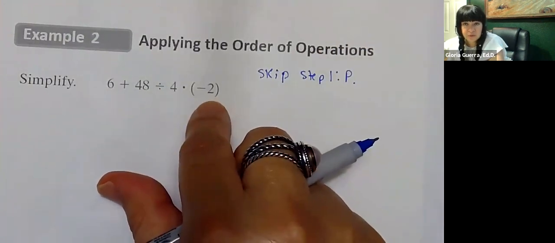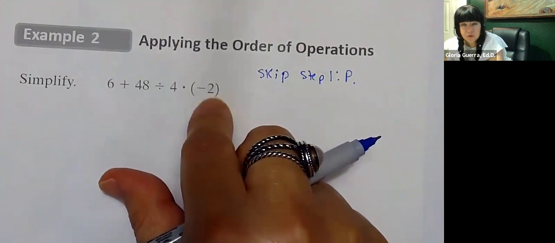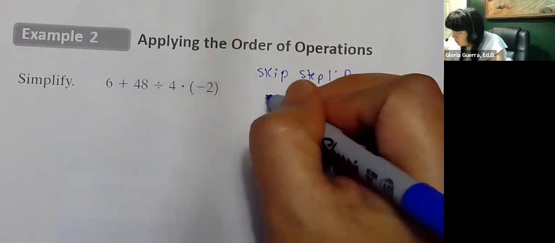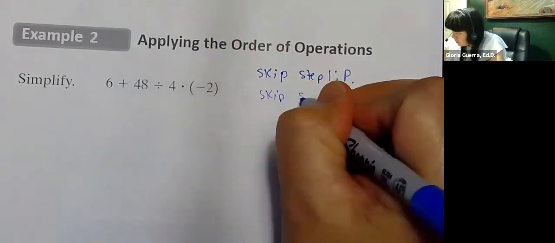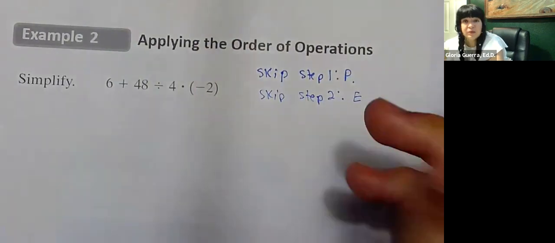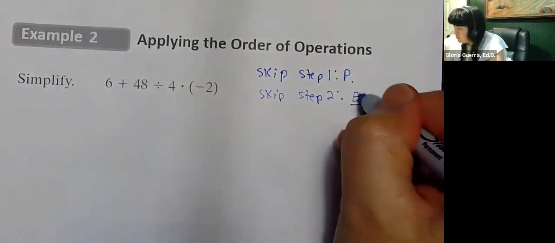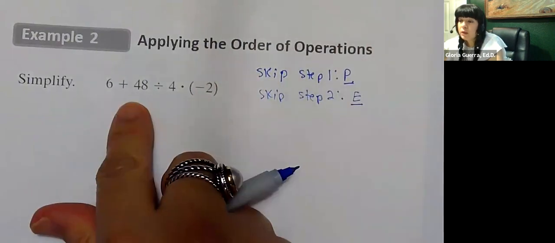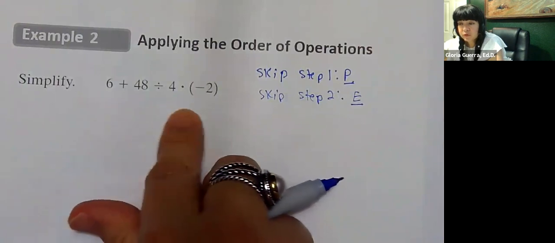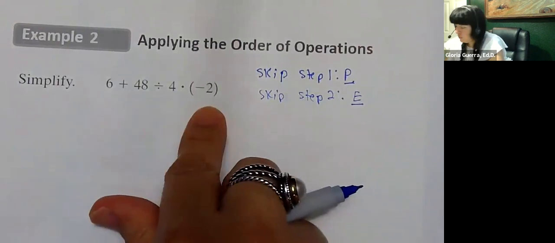That's just a negative 2 in there. You're not adding, subtracting, multiplying anything to it inside parentheses. You also get to skip step 2, which is the I. I don't see any exponents. I don't see any perfect square roots. I don't see any absolute values, okay?